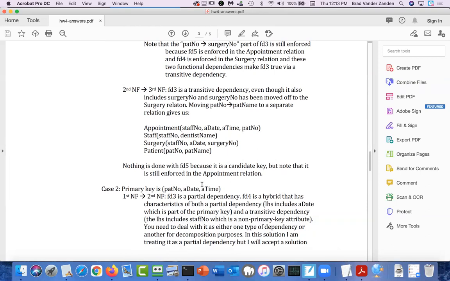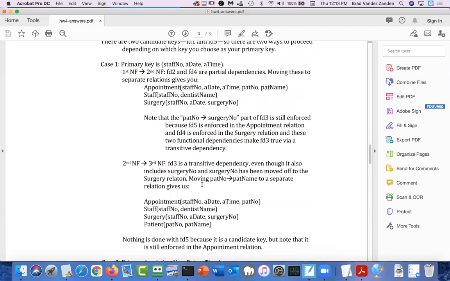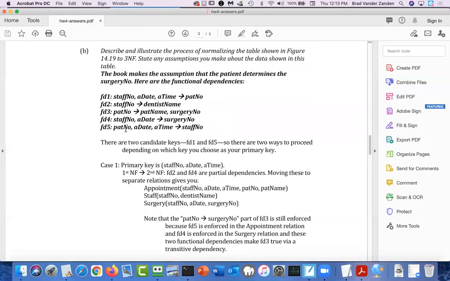If you did that, you had an interesting dilemma. Clearly the patient number right here, FD3, was a partial dependency. But there was an odd one, which is that you had staff number and appointment date determining the clinic.